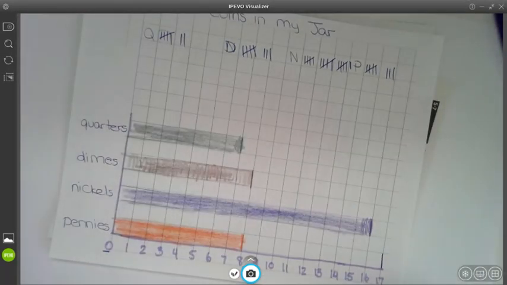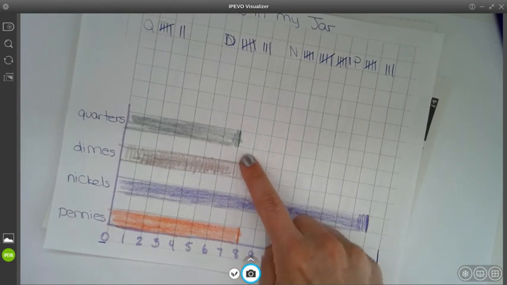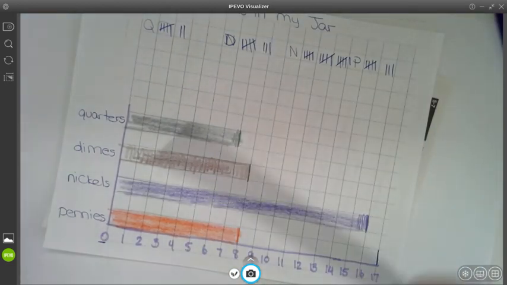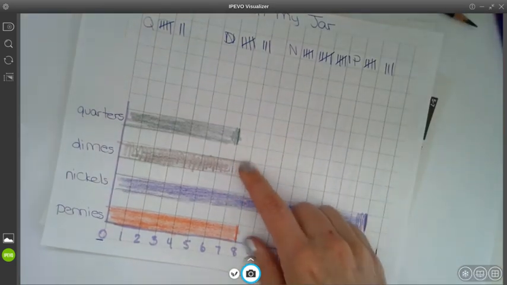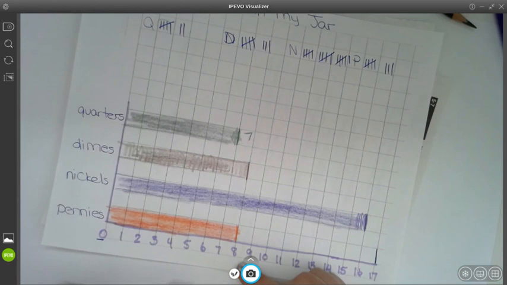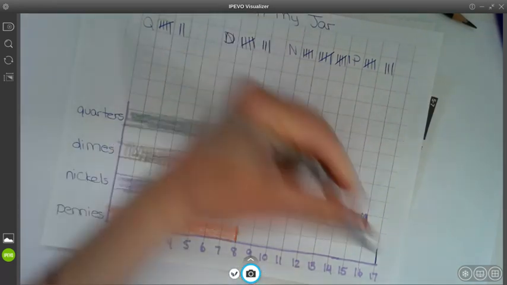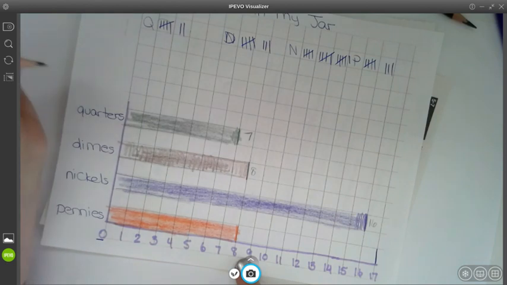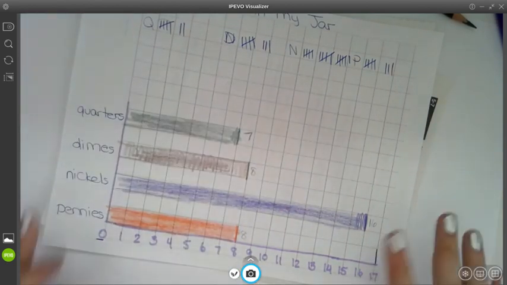So remember what I said earlier, I always prefer to show that number so I don't have to reread it every single time. So I had 7 quarters, 8 dimes, 16 nickels, and 8 pennies. All right, so here's my data.